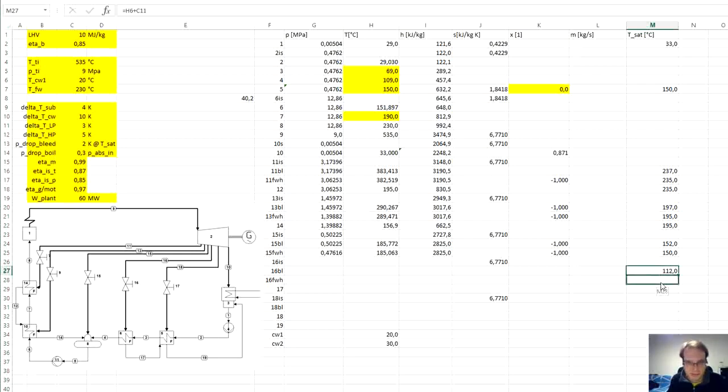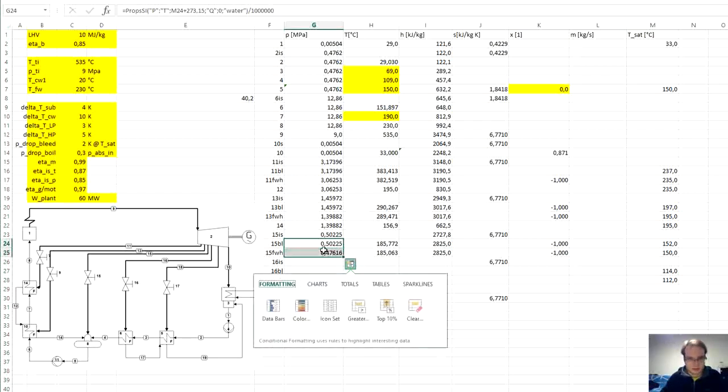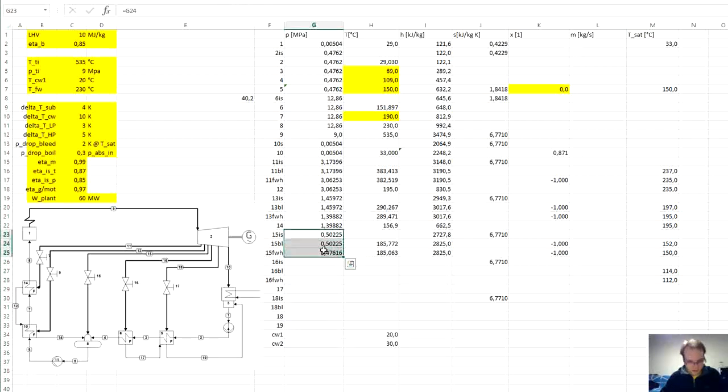Sorry, it was at feedwater heater. Now at the bleed, the saturated temperature is 3 kelvins higher. Again we get pressures.